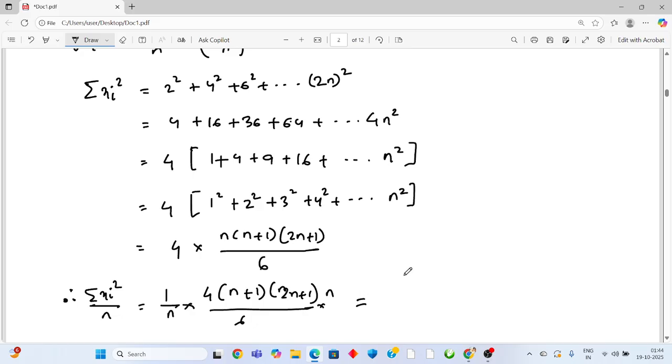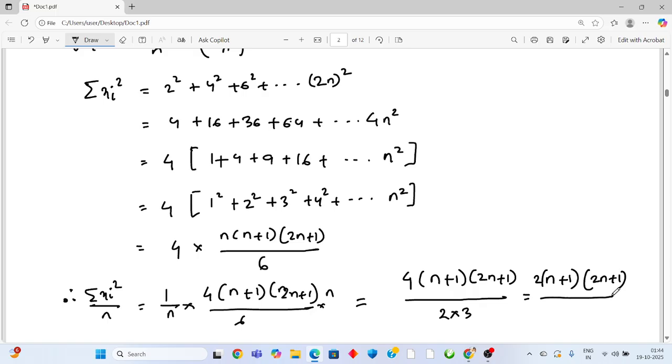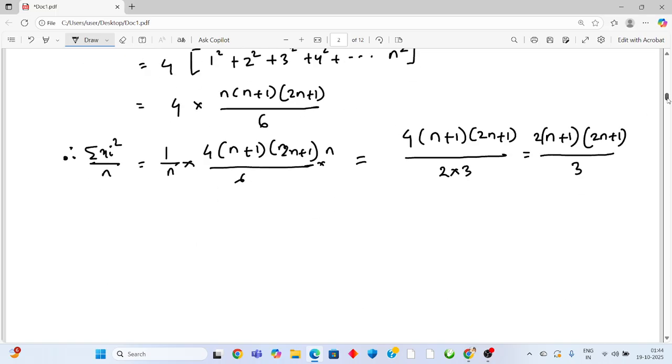So this is (n plus 1)(2n plus 1) divided by 3. This is my summation xi square by n.